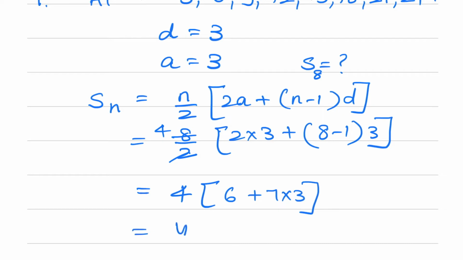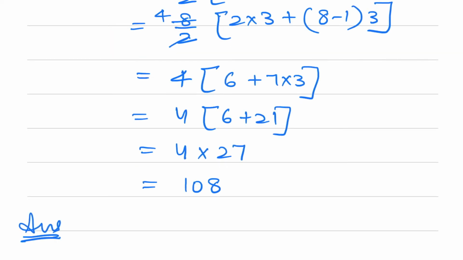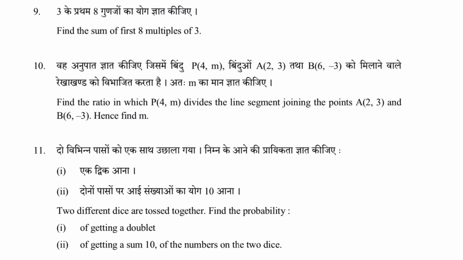So this is equal to 4 into 6 plus 21. This is equal to 4 into 27 equals 108. So the answer, sum of 8 terms is equal to 108.